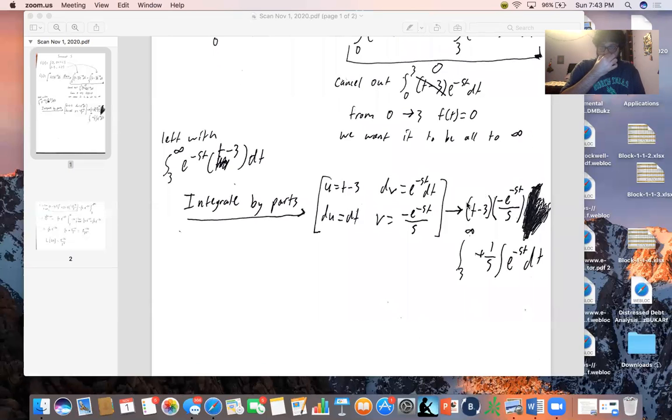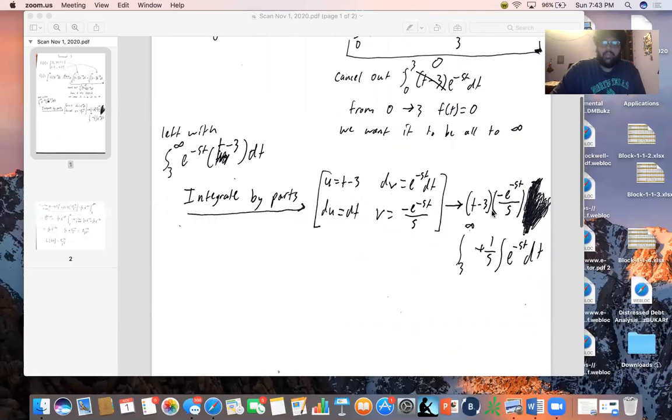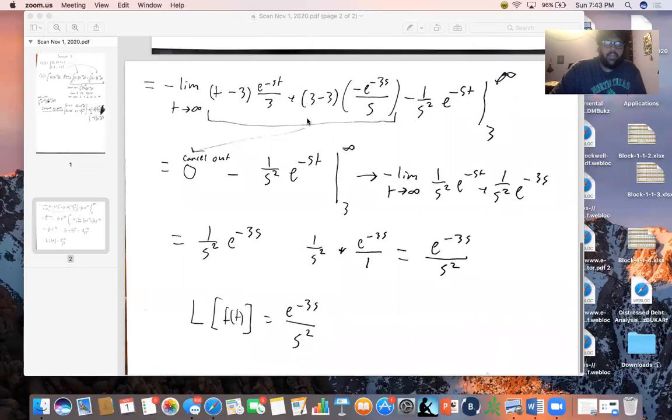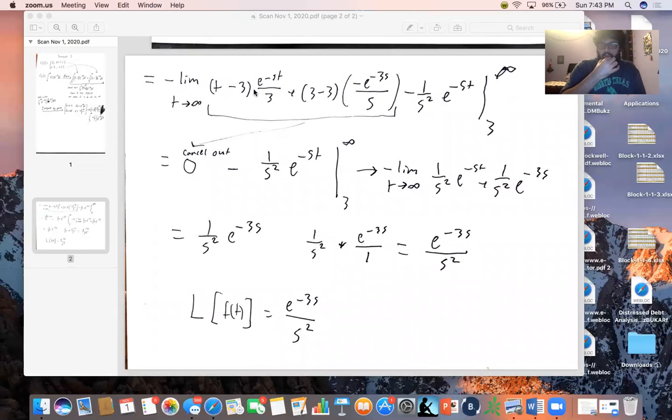We finalize it with our integration by parts equation: t minus 3 times negative e to the negative st over s, from 3 to infinity, plus the integral of 1 over s, e to the negative st dt.